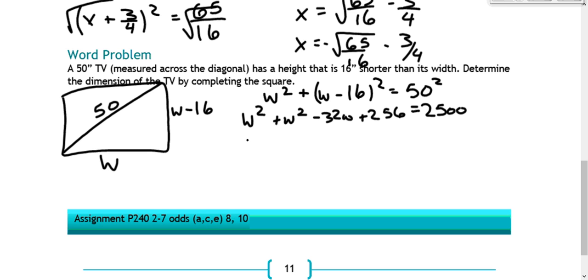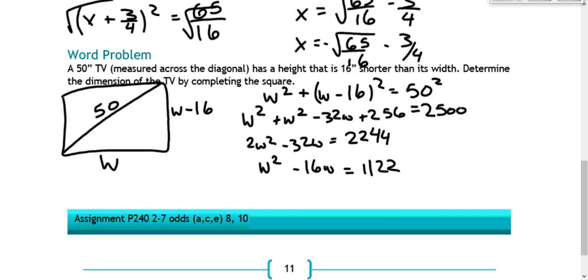So then we get 2w squared minus 32w is equal to 2,244. We divide everything by 2, so w squared minus 16w is equal to 1,122.